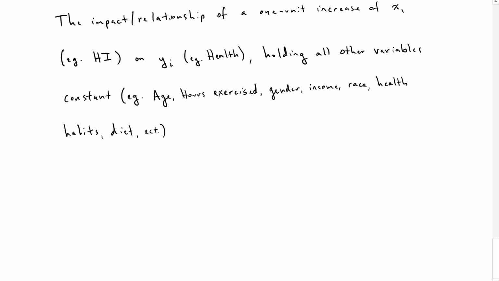One more example of this. Here we have health insurance, which we could really just think of as a 1 or a 0. Either you have it or you don't. But let's take income as another example.